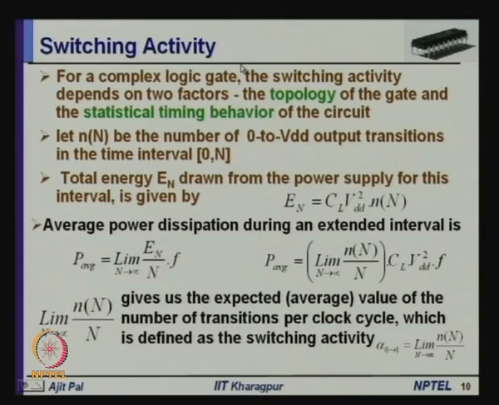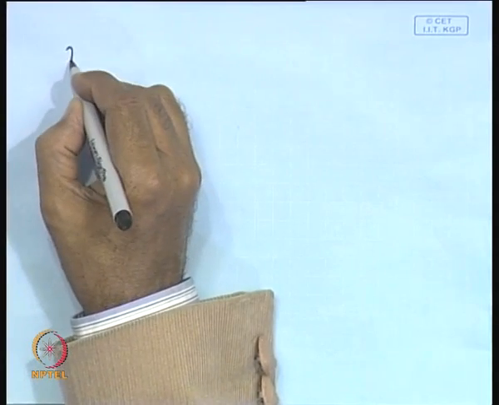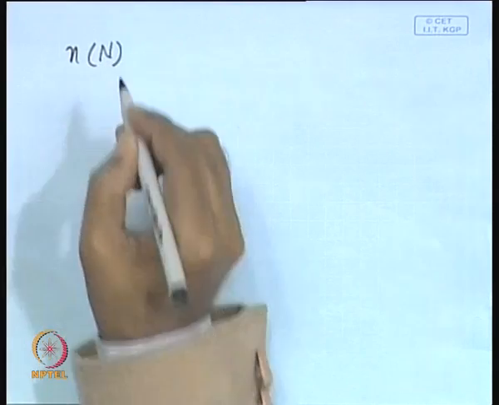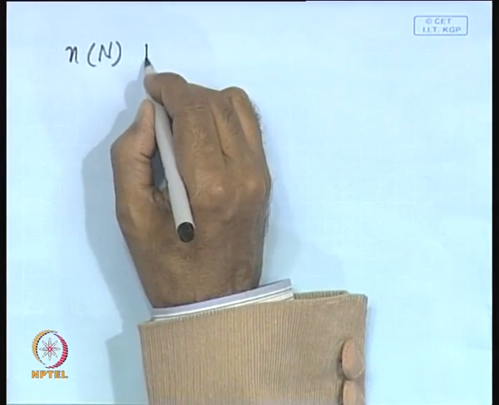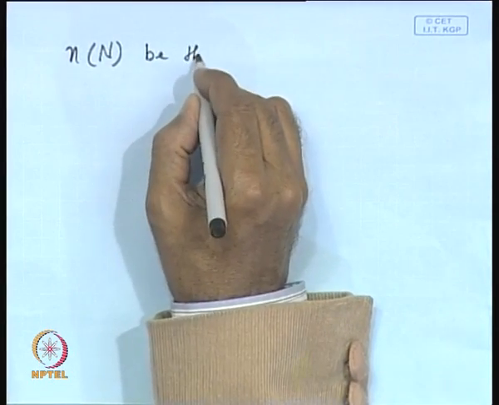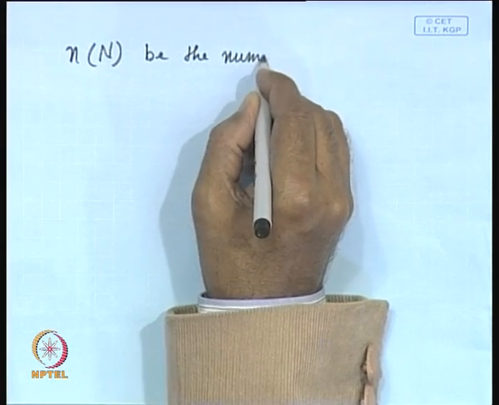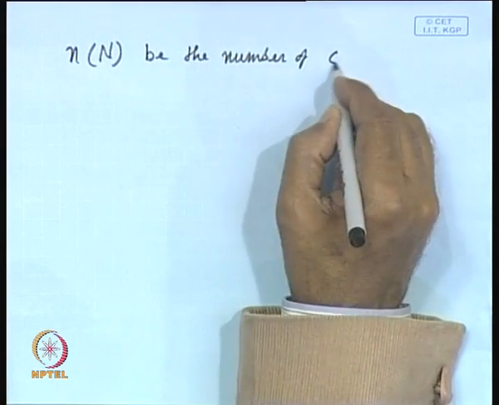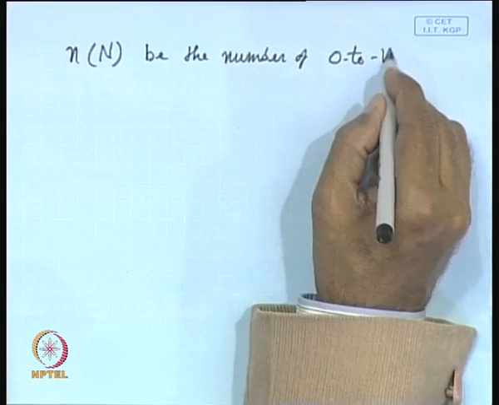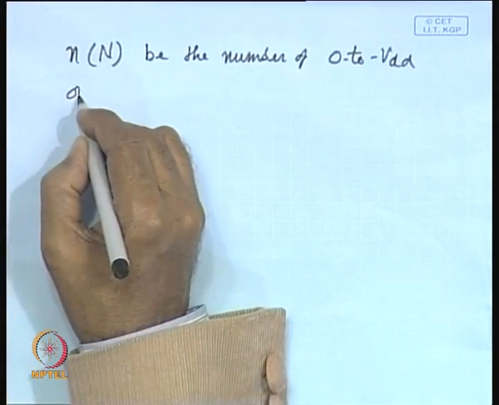So, let us now define switching activity for a complex gate and find out an expression for it. Let Nn be the number of 0 to VDD output transitions.